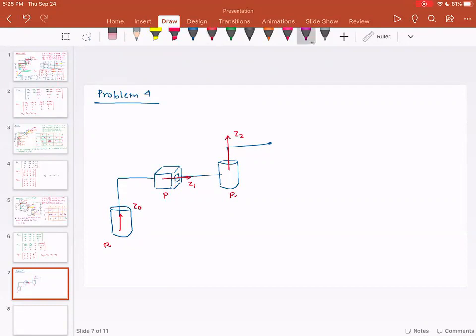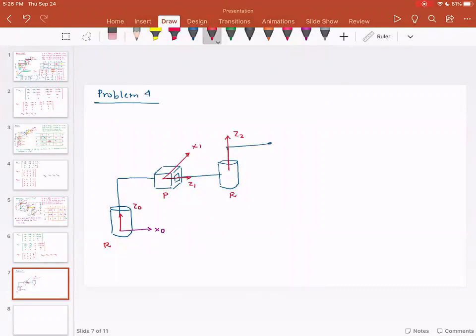First, I'm gonna write down X0. X0 has to be perpendicular to Z0 and the previous Z, which is Z minus 1. But there is no Z minus 1, so it doesn't matter. X1 has to be perpendicular to Z1 and it has to be perpendicular to Z0. It needs to intersect Z0 and Z1. Now please note, in this problem, the only way that can happen is if I were to draw something like this.